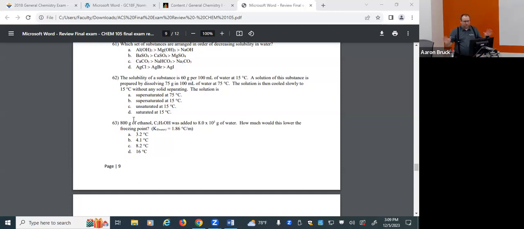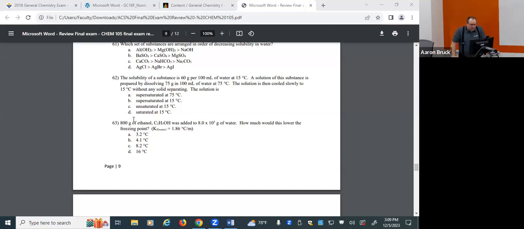This kind of falls into one of those gray areas between Chem 1 and Chem 2. This is just a definition kind of question. So the solubility of a substance is the maximum amount of solute you can dissolve in a given amount of water. And the solubility for a substance is 60 grams per 100 milliliters at 15 Celsius.